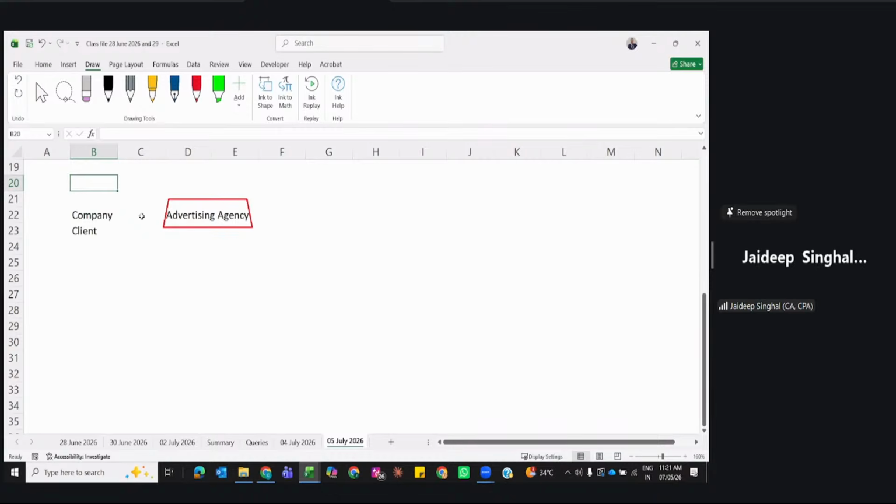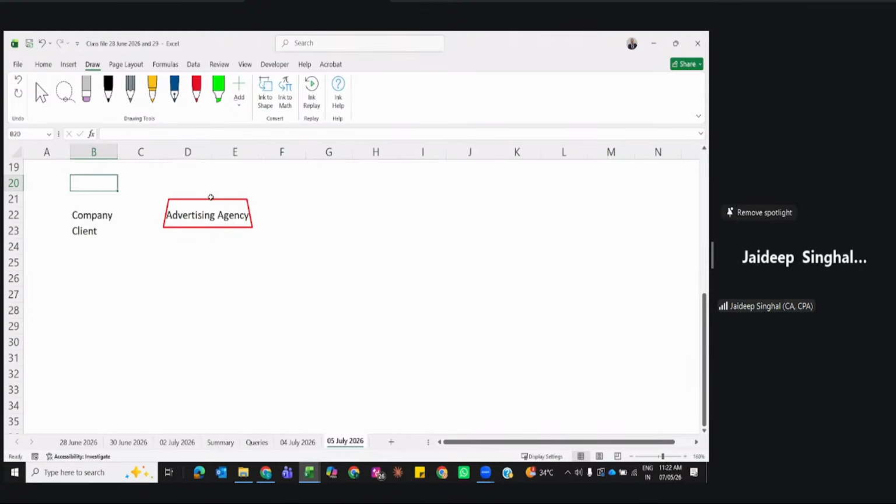So you will pay the advertising agency. You will pay for the work, not the commission.